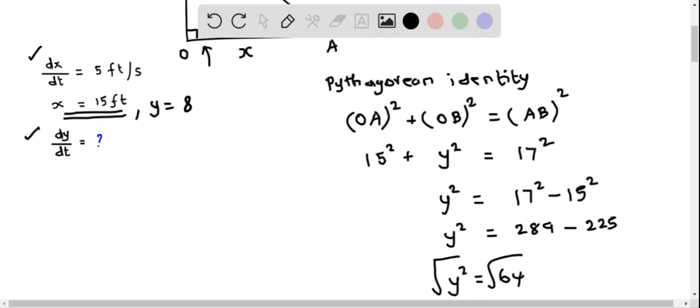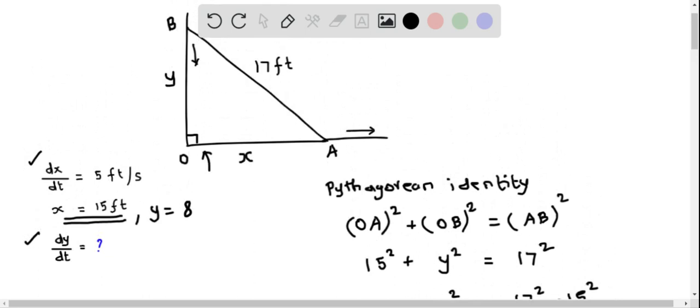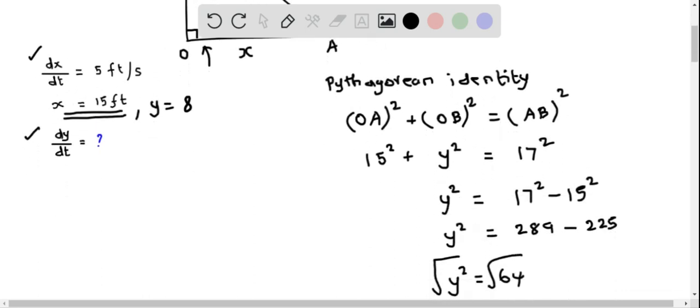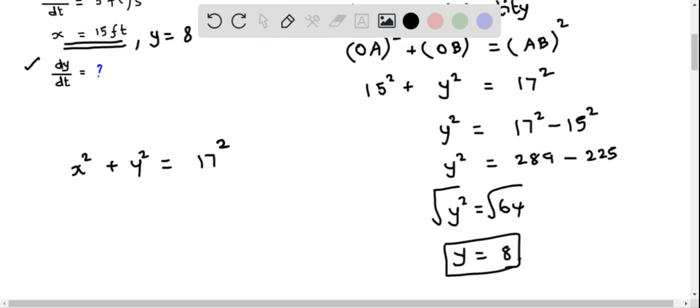Now we are going to once again use the Pythagorean theorem. That is, when we apply it to the right triangle, we can say that x squared plus y squared equals 17 squared. Now let's differentiate each of the terms by applying the chain rule. So the differentiation of x squared is 2x times dx over dt, plus the differentiation of y squared is 2y times dy over dt, and this equals 0, because the differentiation of 17 squared is 0.